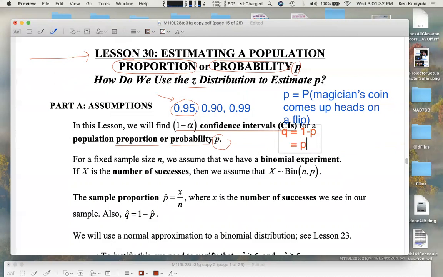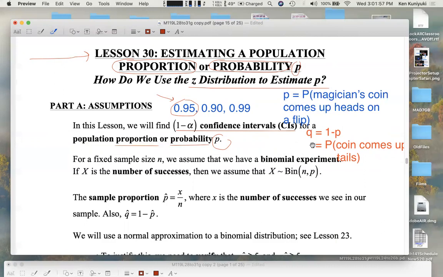It's the probability that this coin comes up tails on a flip. So we have a binomial experiment here involving this magician's coin, where a success is a head and a failure is a tail. Q and P are complementary probabilities. They add up to 1.